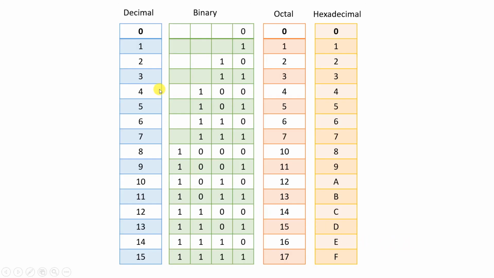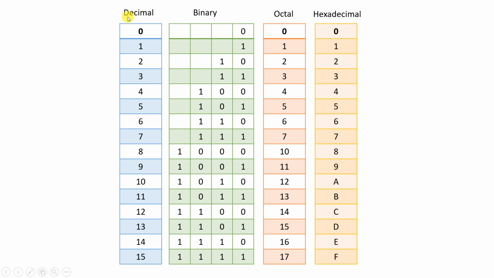So here we have a complete table now, which represents decimal numbers from 0 to 15, binary numbers from 0 to 15, octal numbers from 0 to 15, and hexadecimal numbers from 0 to 15, that is 16 values. So these are the first 16 values of all the number systems which we have learned.